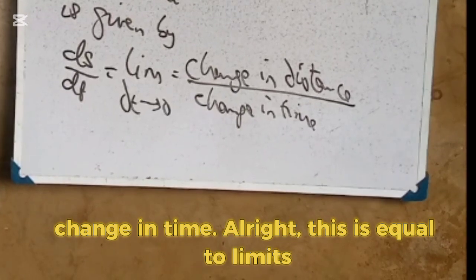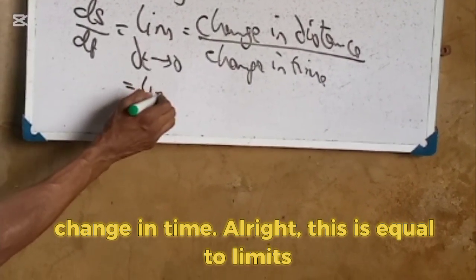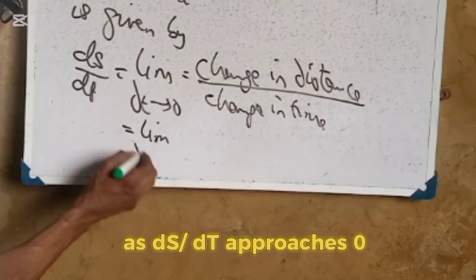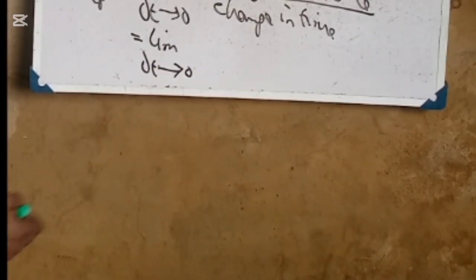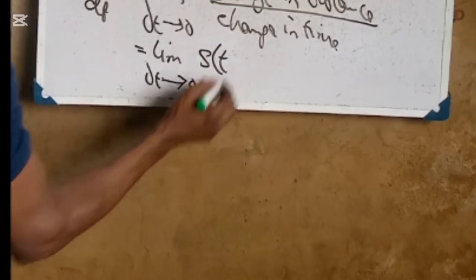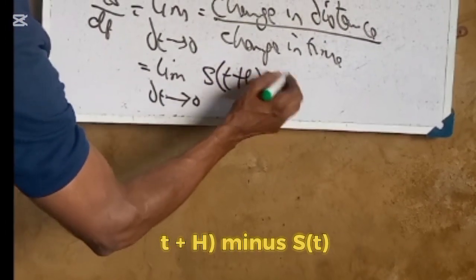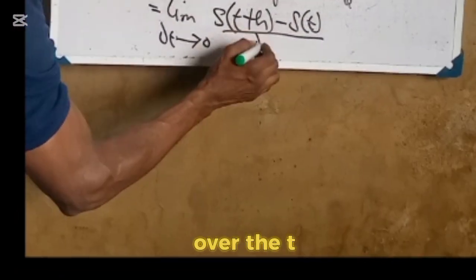This is equal to the limit as h approaches 0 of s of t plus h minus s of t, over h.